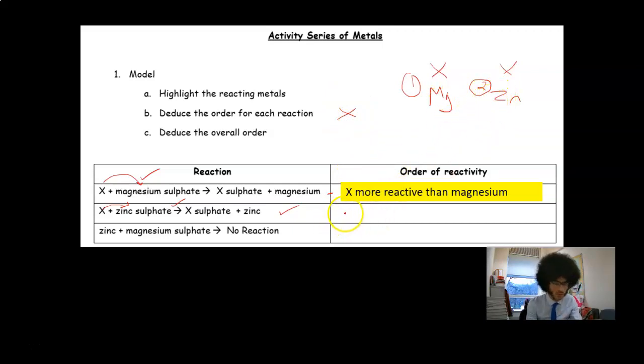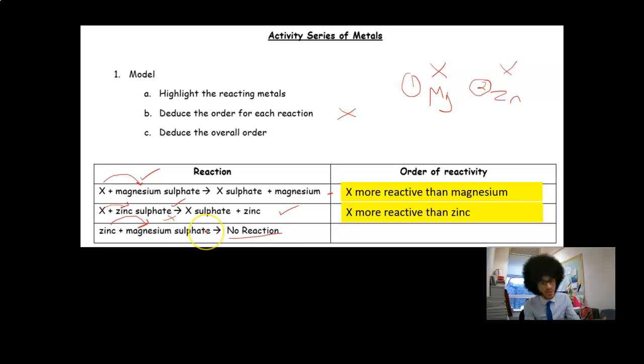For my third clue, let's have a look at zinc plus magnesium sulfate. If I try to react those two together, there's no reaction. That means zinc cannot displace magnesium. As a result, zinc is less reactive than magnesium, or to put it another way, magnesium is more reactive than zinc.